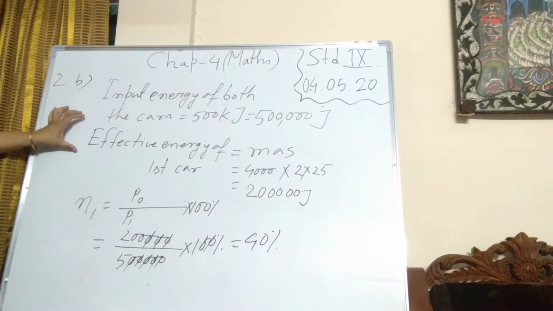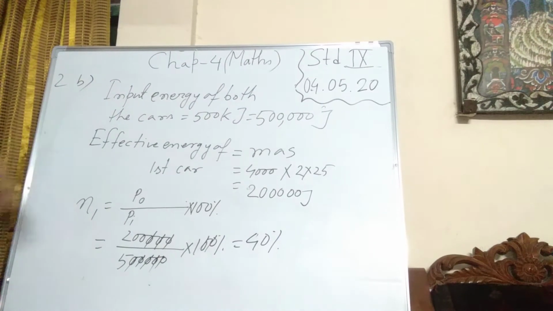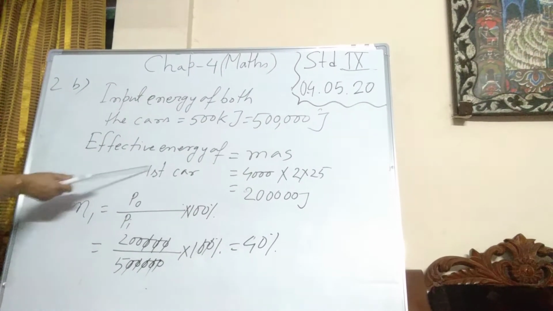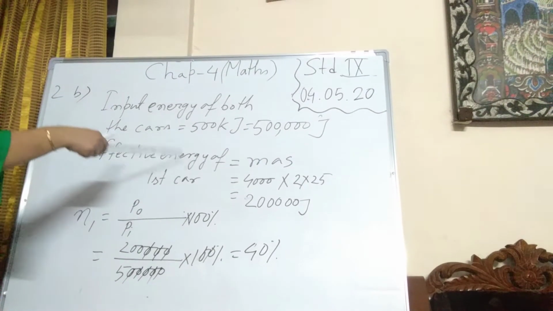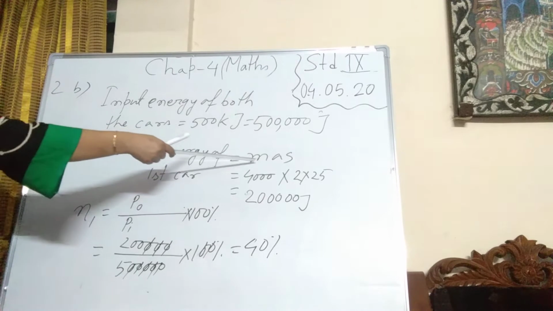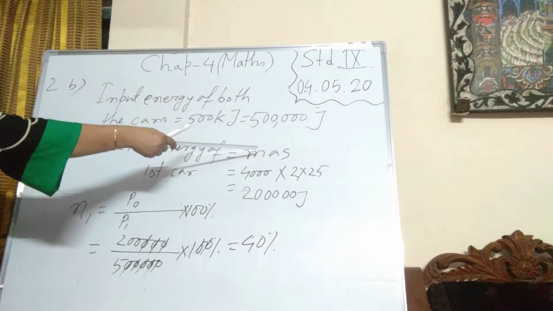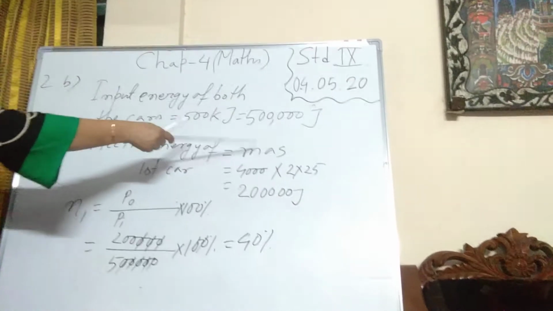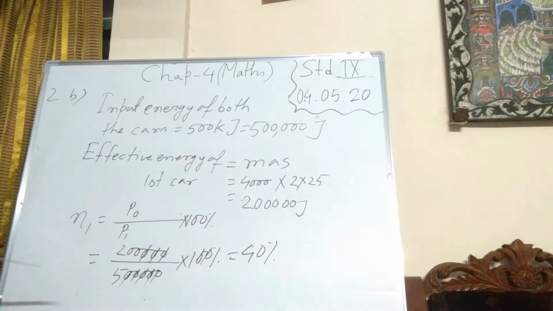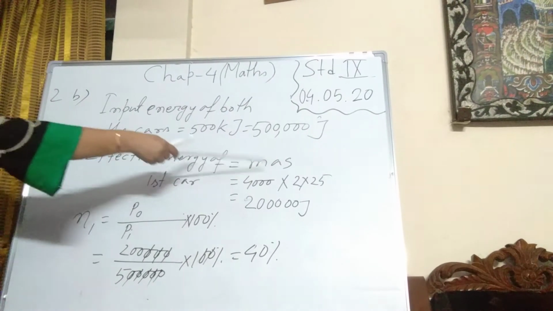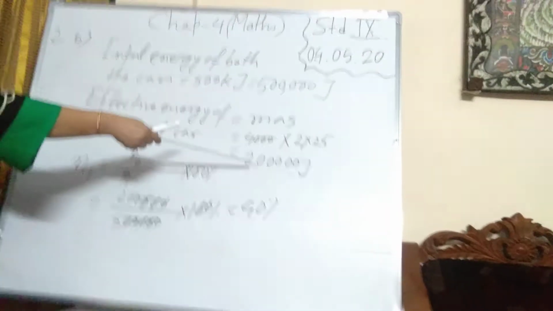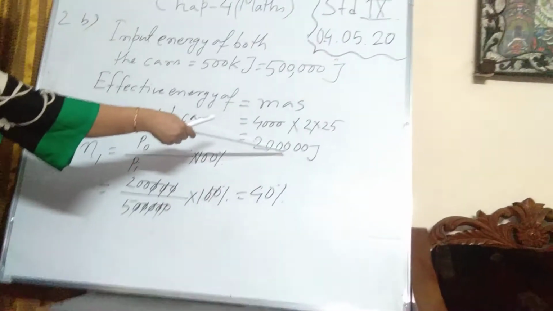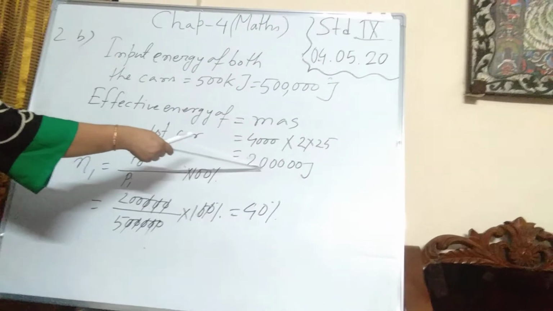Now the effective energy of the first car. That means we have to calculate the work done, which equals force into displacement. That means m a s. Here m is 4000, a is 2 meter per second square, s equals 25. We got 2 lakh joule.